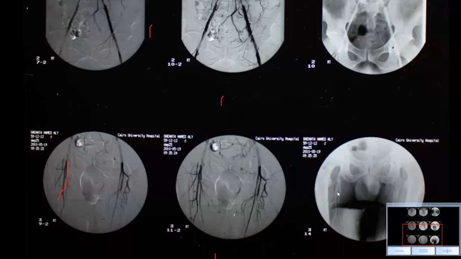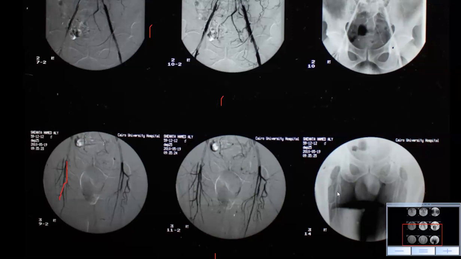Where is the superficial femoral, for God's sake? Does this look like the other side? It doesn't. It starts, but it does not continue. It does not fill as much as the one on the left side. The one that you can see there is the profunda again. Point towards the profunda. Pradeep, are you there?